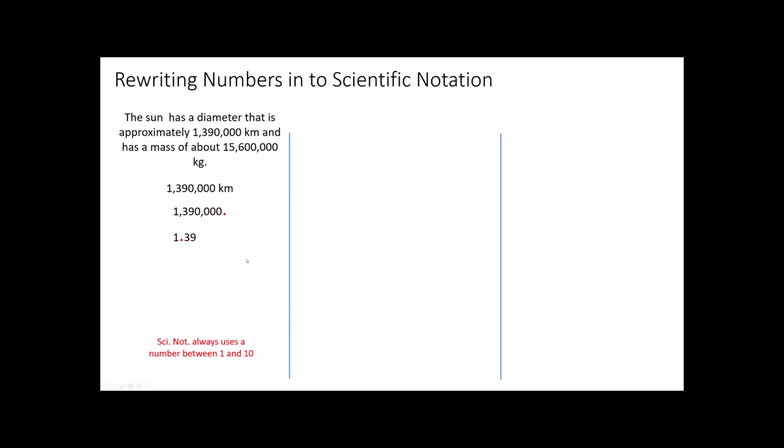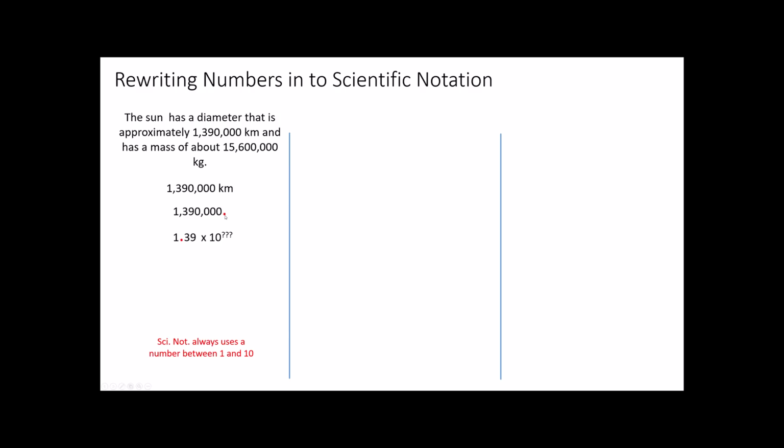But if I want it to have the same value, 1 million does not have the same value as 1. It does have the same value as 1 times some tens. The question for us is to determine how many tens does it take to turn a 1 into a 1 million, or a 1.39 into a 1,390,000.